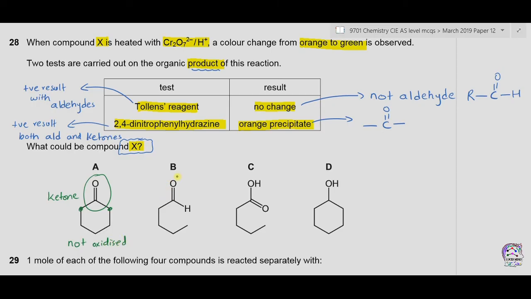In B we have an aldehyde functional group and it will be further oxidized to carboxylic acid. In C we have a carboxylic acid functional group and it is not oxidized any further.